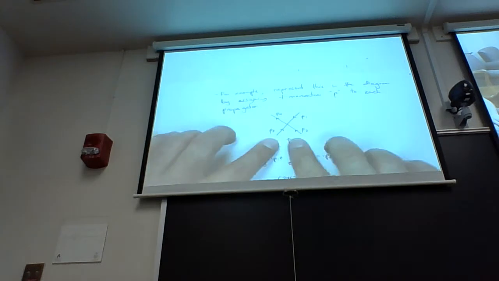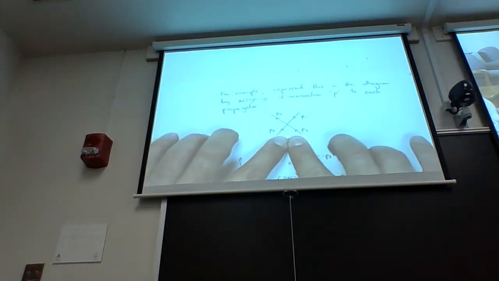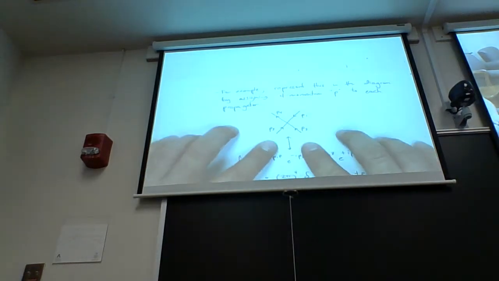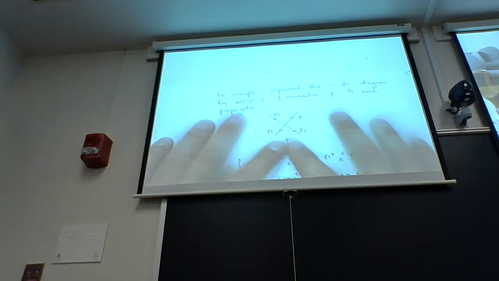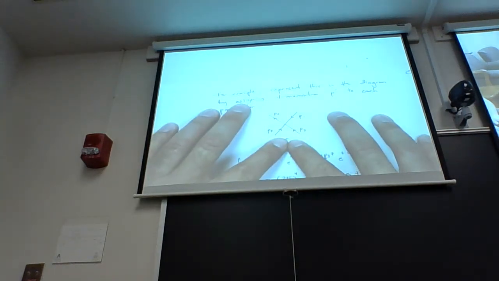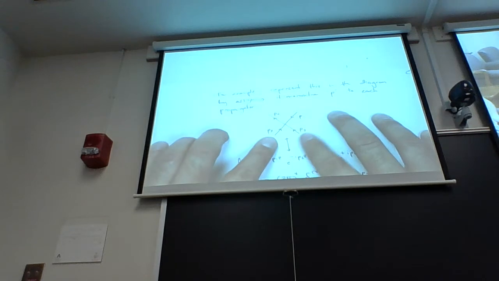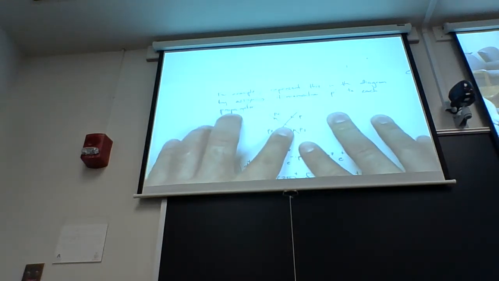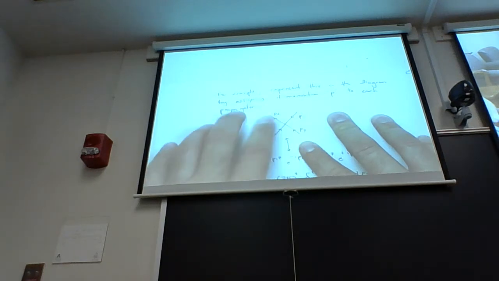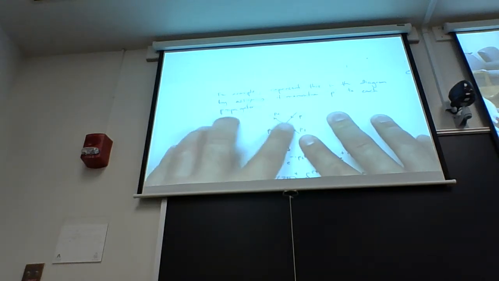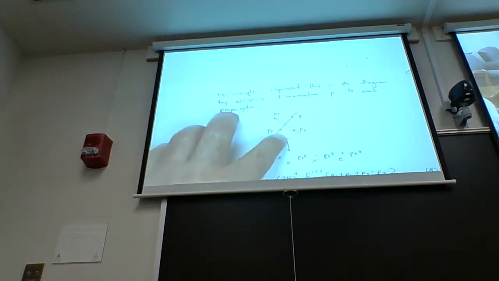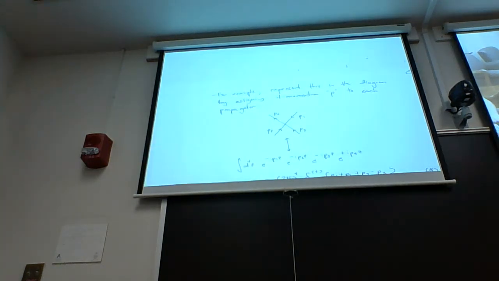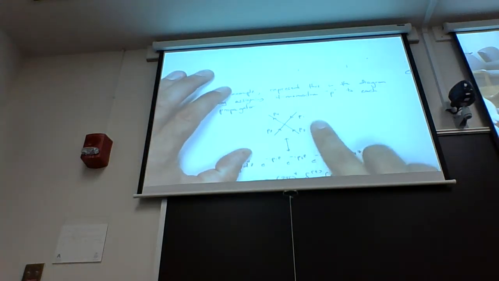So just consider this to be the 4-point function, or 4-point time-ordered product operator. In momentum space, we would represent this as some vertex, and then we have these external lines, and we assign momentum to them, whatever momentum we want. We indicate with the arrow which direction the momentum is flowing.